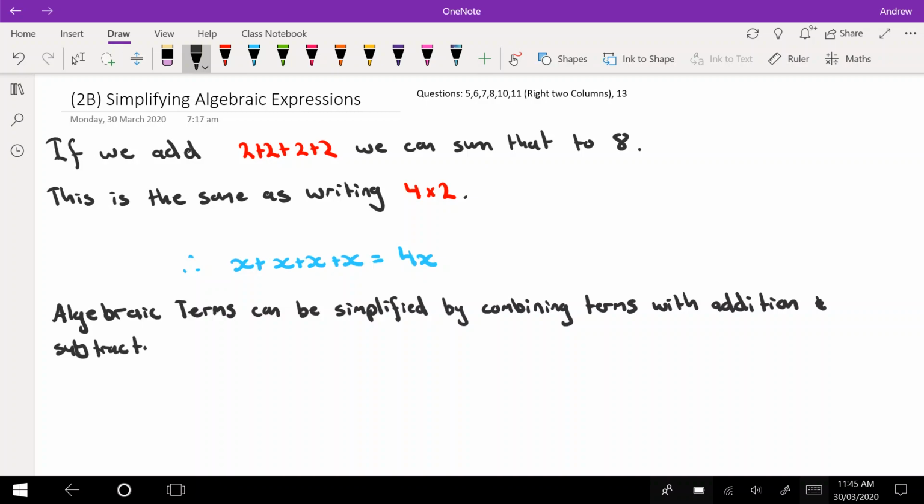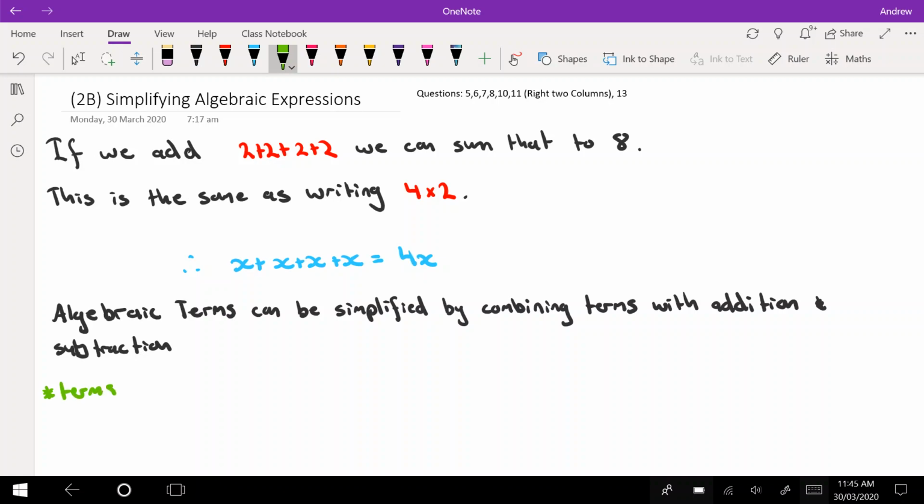So we're just going to be talking about how to simplify them with addition and subtraction right now. Because when we add them together, that is how we combine them. They can only be combined if we're adding or subtracting them. Multiplying and dividing is a little bit different, and we need to take that into account.